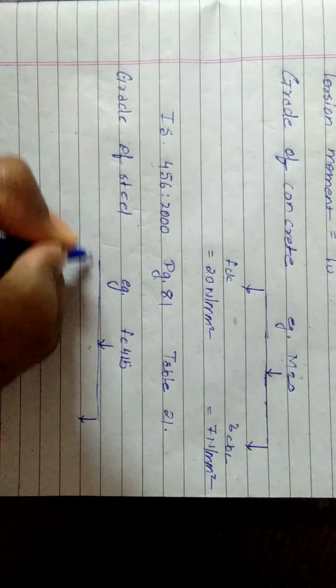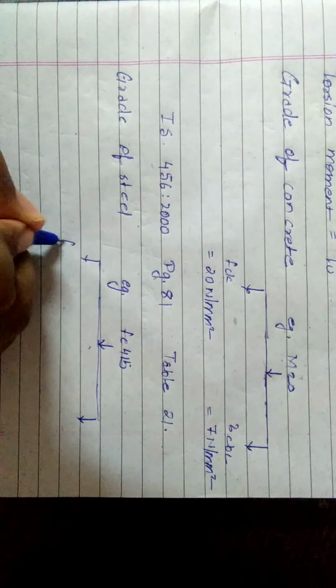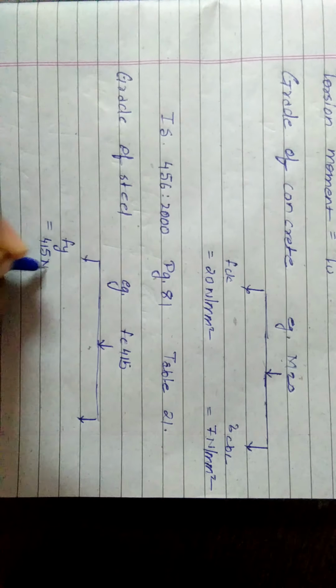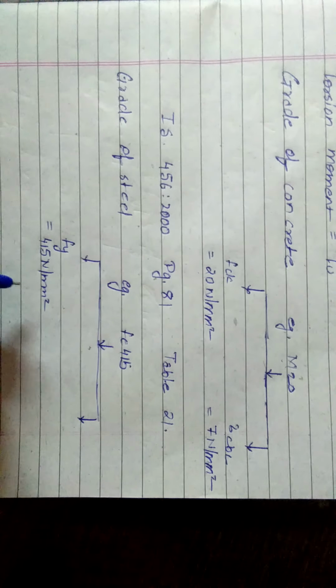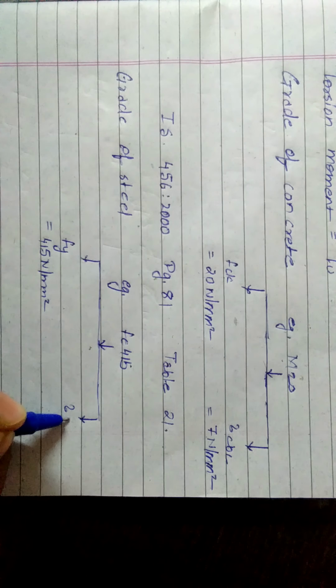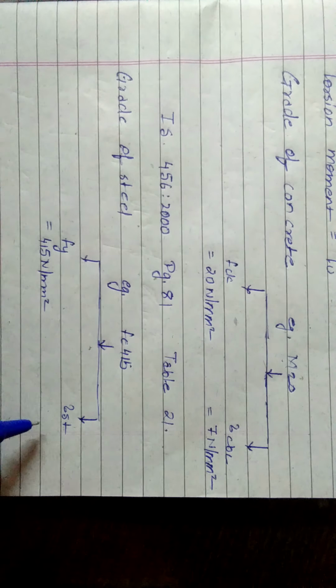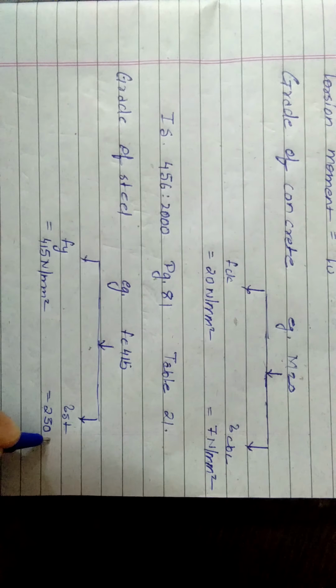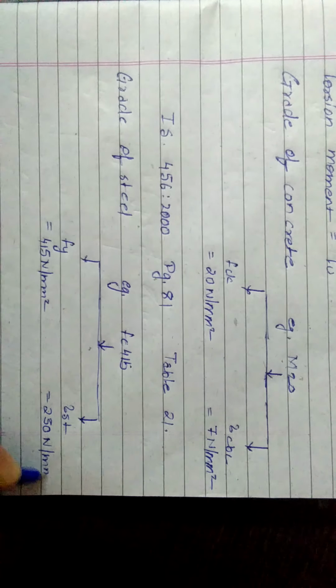The first value is the yield stress Fy equal to 415 Newton per mm square, and the other is sigma St, the permissible stress in steel, that is 230 Newton per mm square.